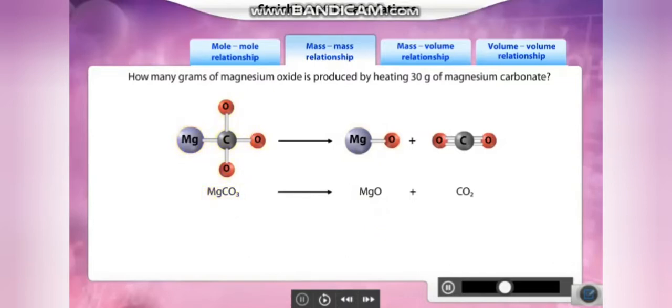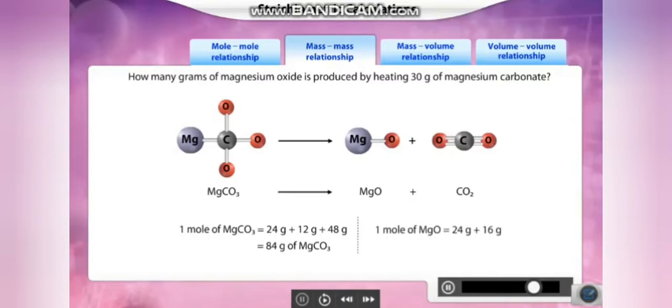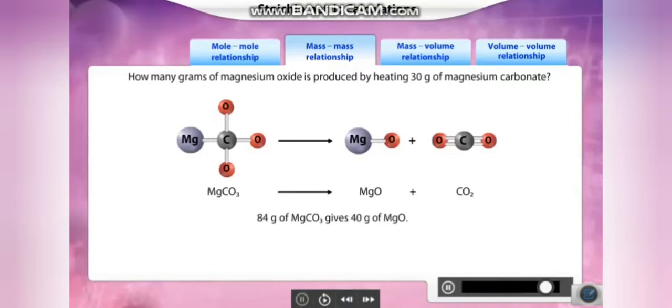According to the balanced chemical equation, 1 mole of magnesium carbonate gives 1 mole of magnesium oxide. 1 mole of magnesium carbonate is equal to 84 grams, and 1 mole of magnesium oxide is equal to 40 grams. As 84 grams of magnesium carbonate gives 40 grams of magnesium oxide, 30 grams of magnesium carbonate gives 14.28 grams of magnesium oxide.